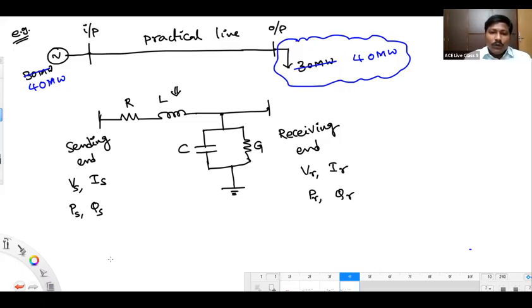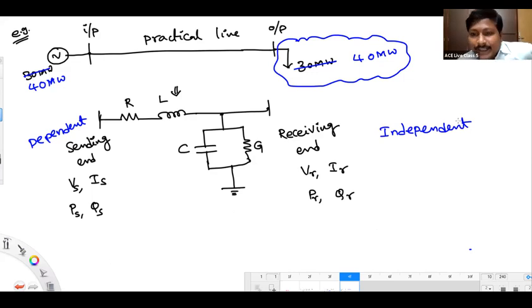No, it is not possible. So the generation side, the sending end side, is dependent on the load variations, and the receiving end side we can name as independent. I think all of you are getting this clear.